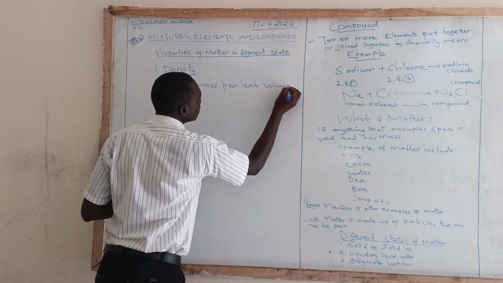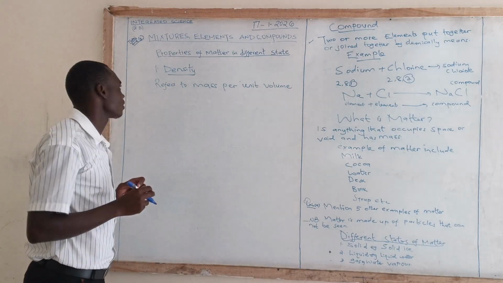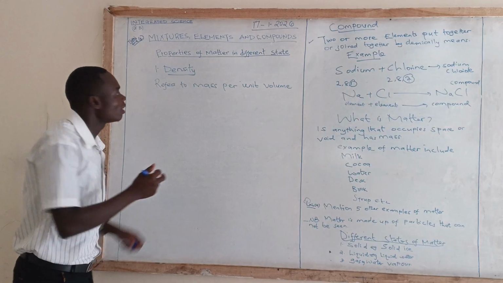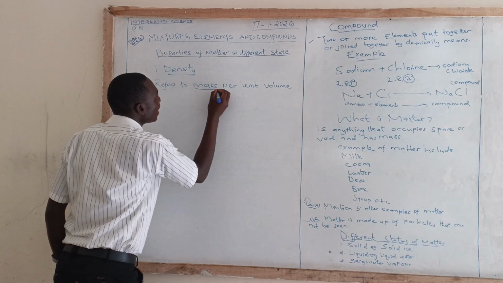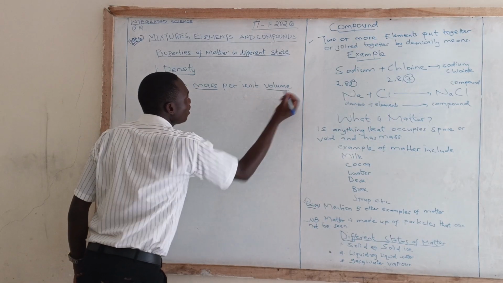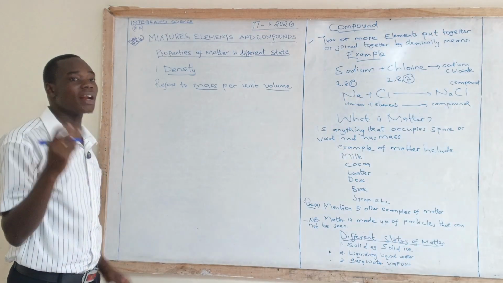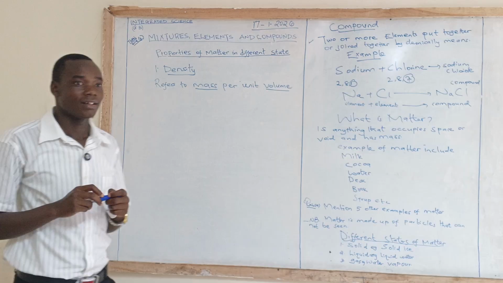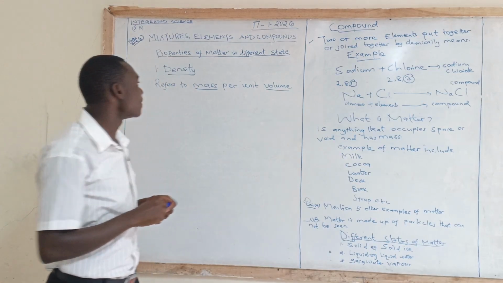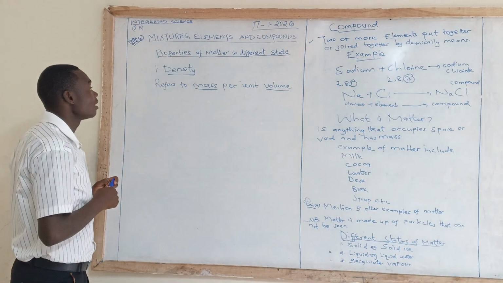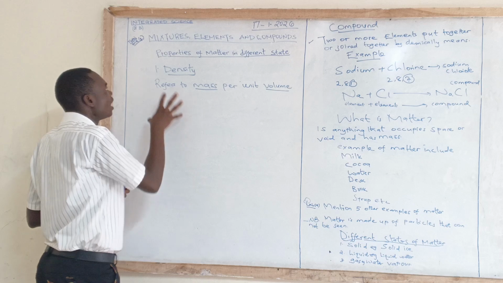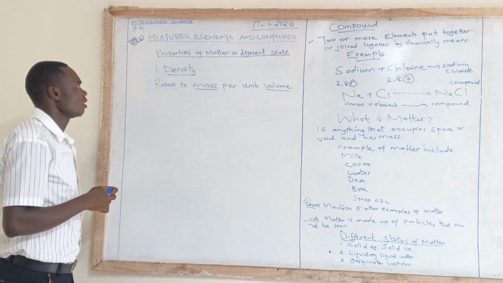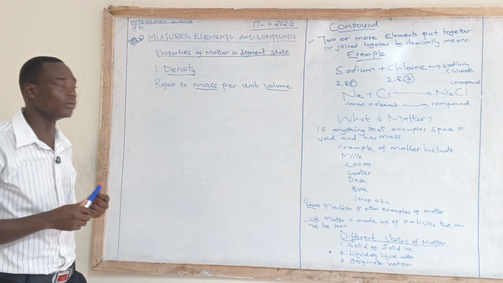That is density. Let's underline mass and let's underline volume. So we have two parameters here, that is mass and that is volume. Density refers to mass per unit volume.